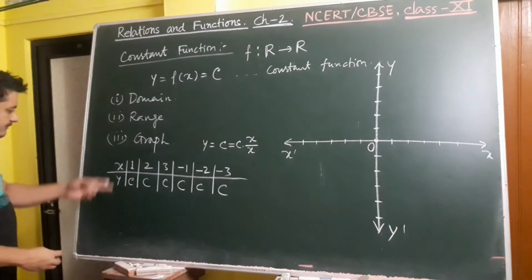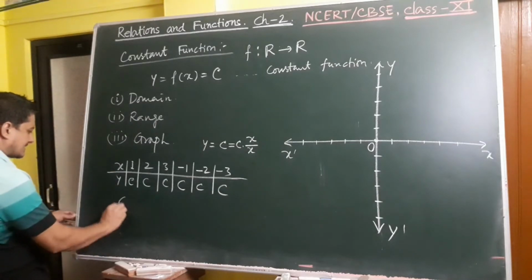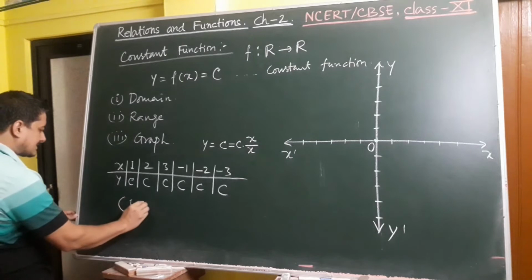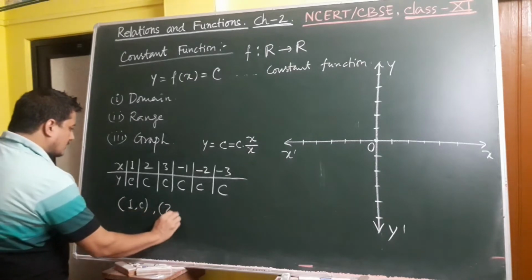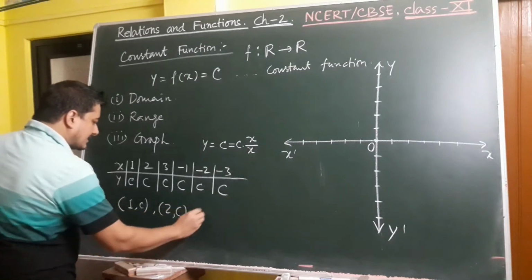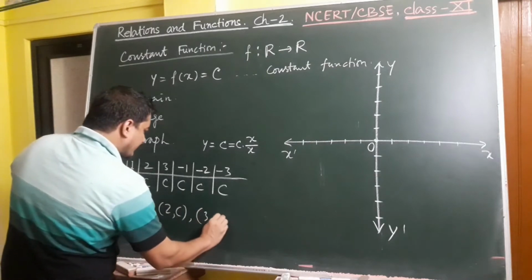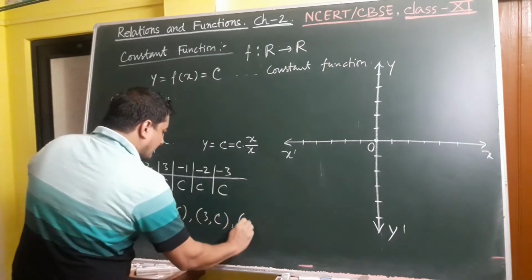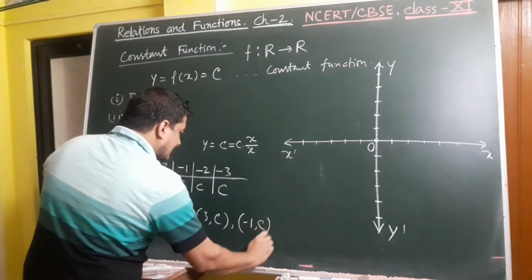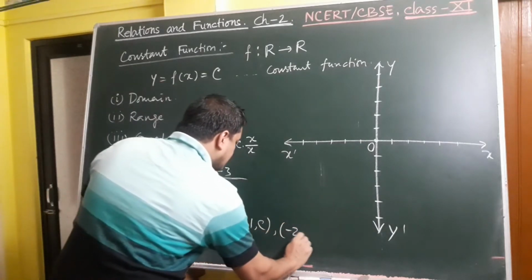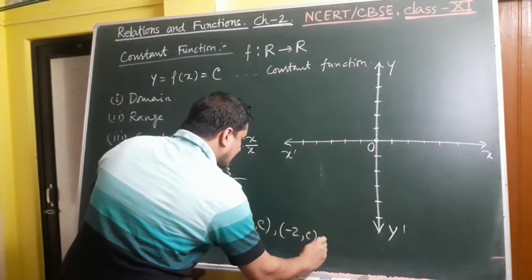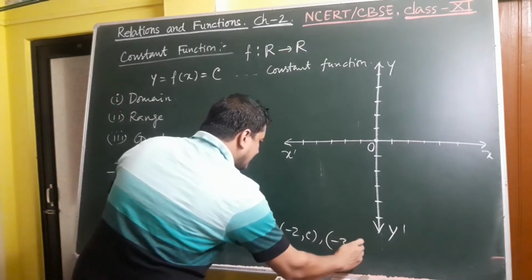So what are the points that I am getting? I am getting 1, c, then 2, c, then 3, c, then minus 1, c, then minus 2, c, then minus 3, c.